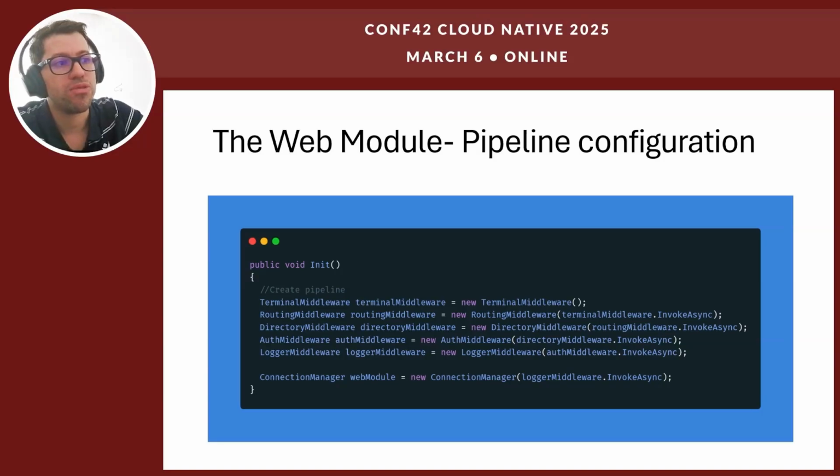Then we create the routing middleware that will be connected to the terminal middleware, the directory middleware that will be connected to the routing middleware we just created before. Same thing for the authentication middleware and the logger middleware that is the first one. Then the web module gets the reference only to the first middleware, in this case, the logger middleware.